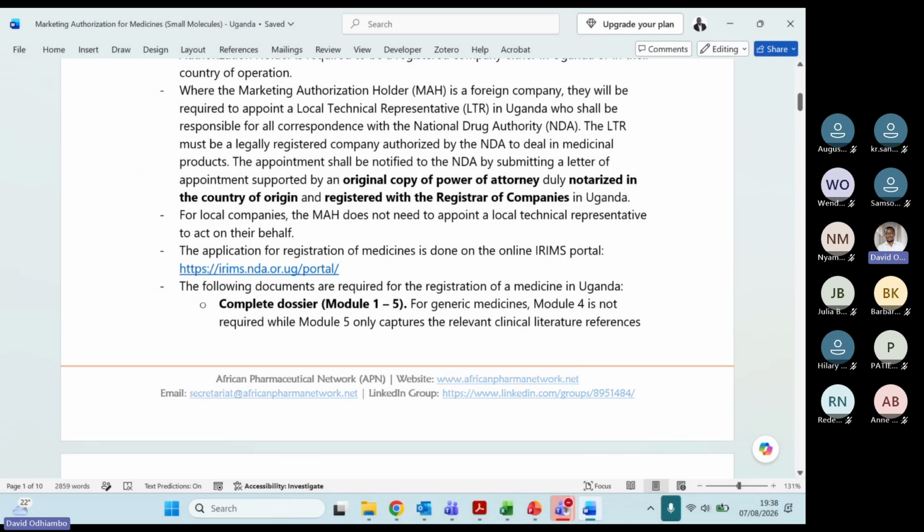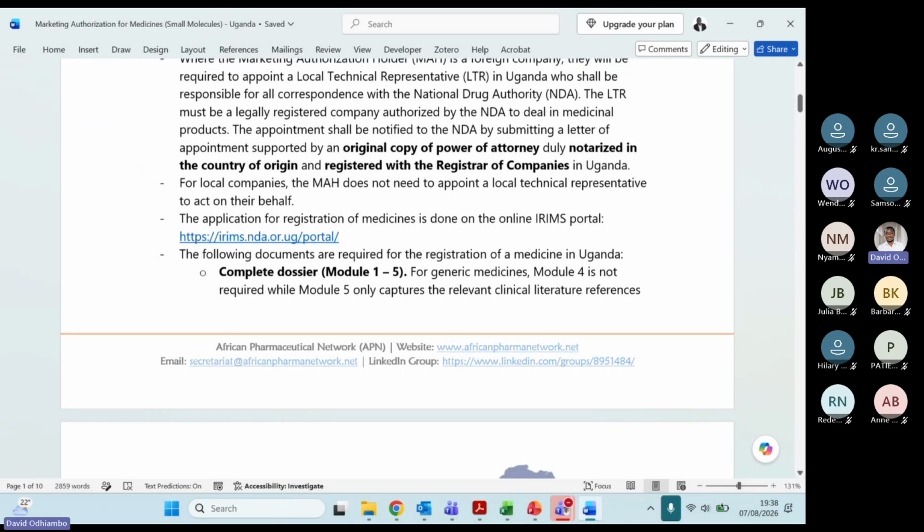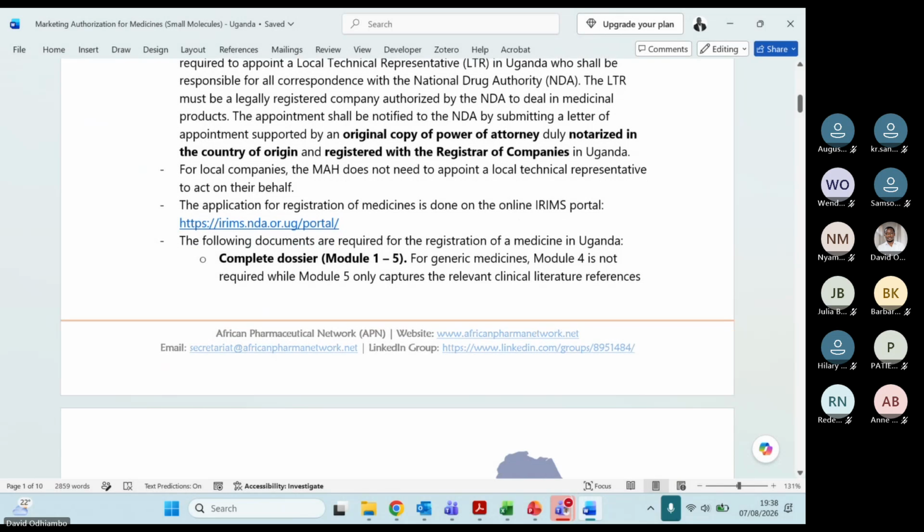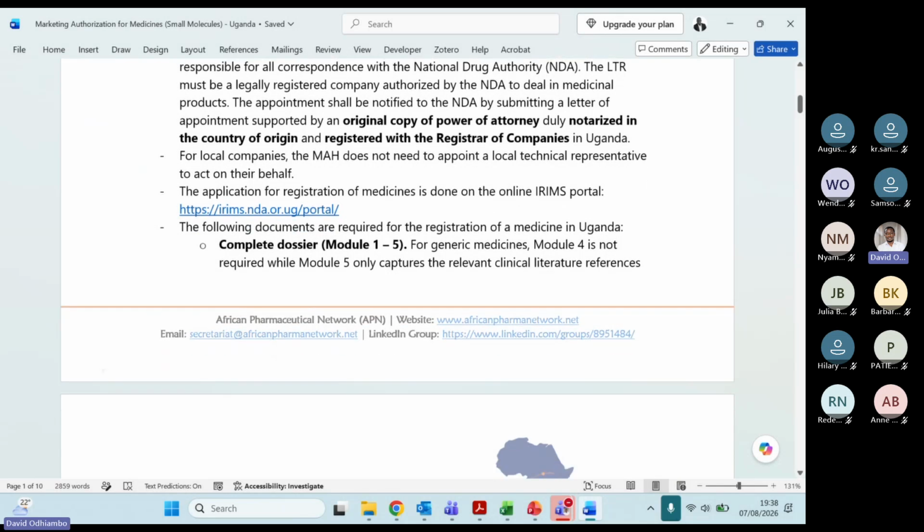We've legally entered that agreement. Then these will now be registered with the Registrar of Companies in Uganda. If it is not registered by the Registrar of Companies, that appointment is invalid. That is important to take note of.